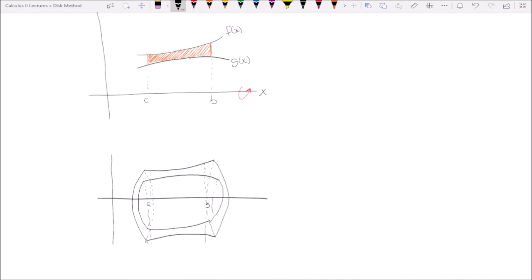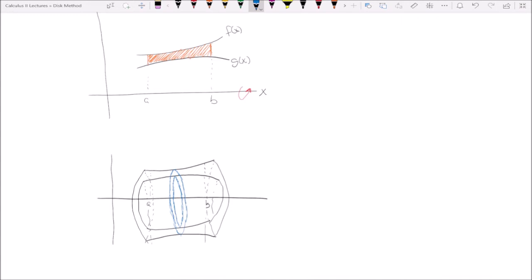Well, if we take a look at the cross section, really what we have is the cross section of the outer, which is still circular, and then we have a cross section of the inner. And what it forms is what's known as a washer.